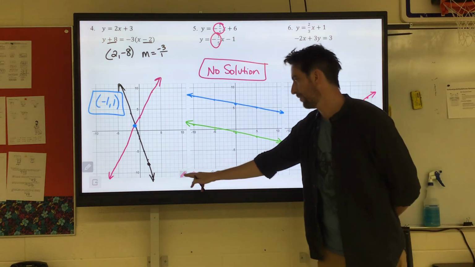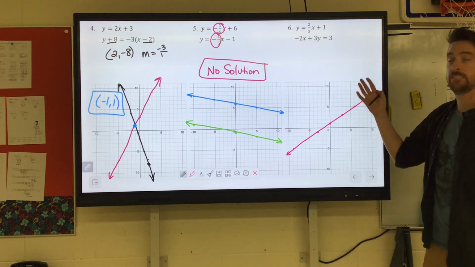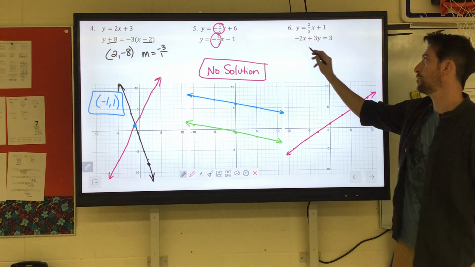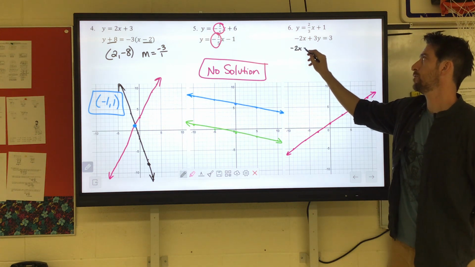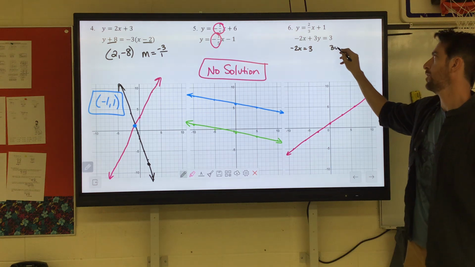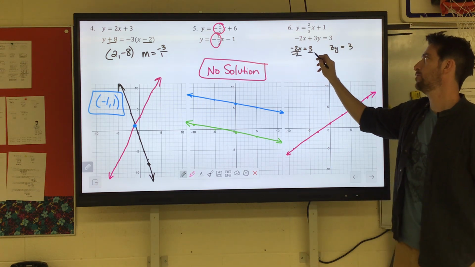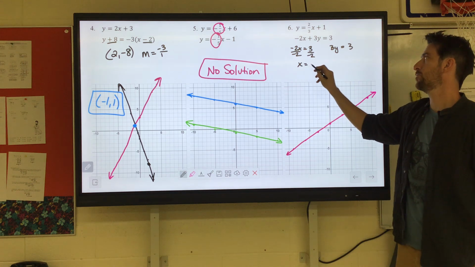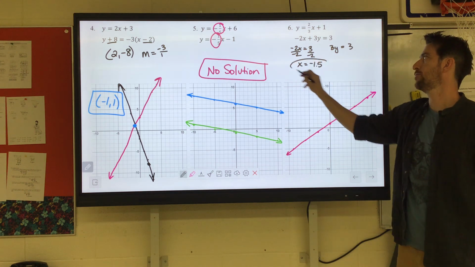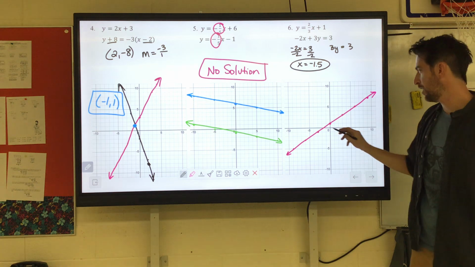The second one, it's in standard form, so we could set up our two equations. Negative 2x equals 3 and 3y equals 3. We solve them both. Divide by negative 2. That will give us x equals negative 1.5.